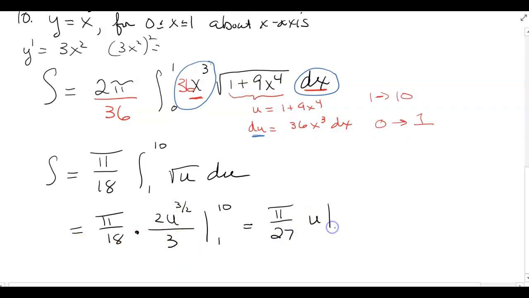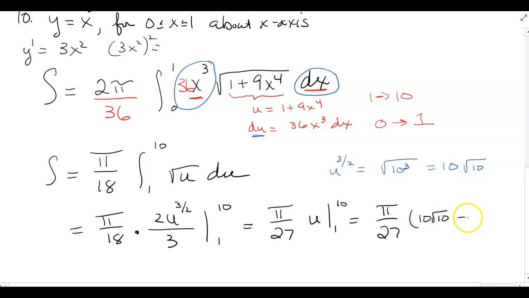And then go ahead and take u from 1 to 10. So it's pi over 27 times 10 to the 3/2. Think about that real quick. 10 to the 3/2 means the square root of 10 cubed, which is 10 squared times 10, so it's 10 radical 10. So it's 10 radical 10 minus 1.